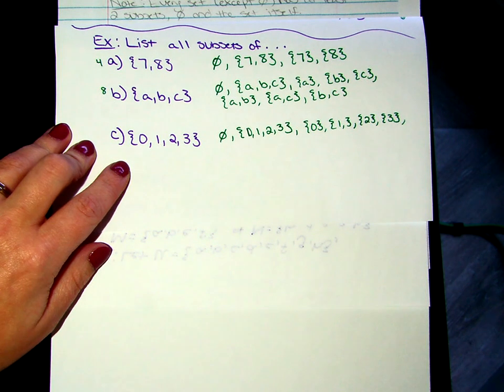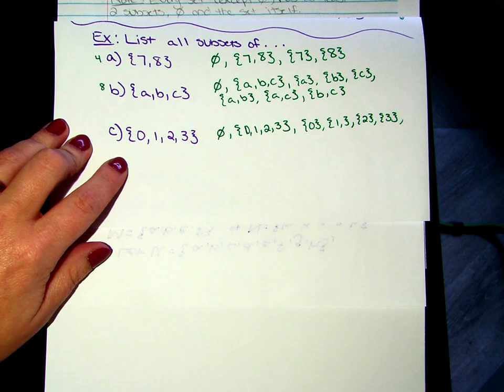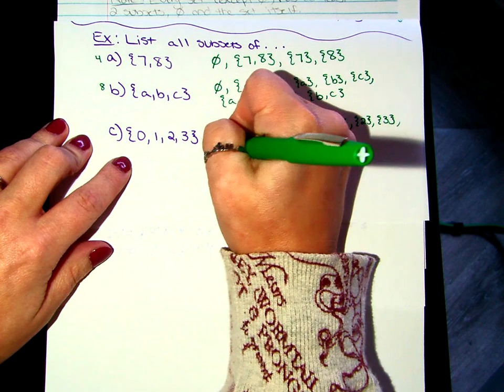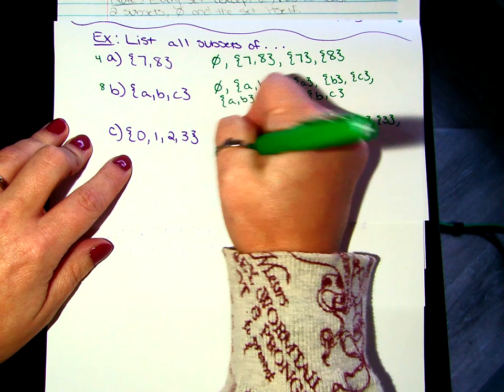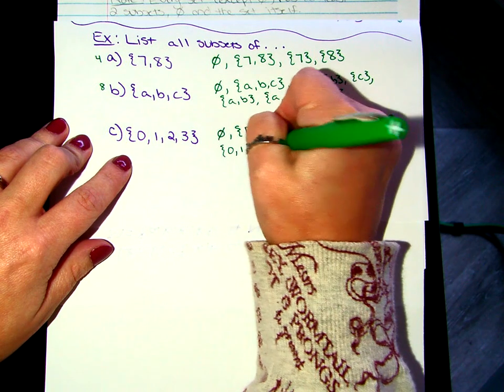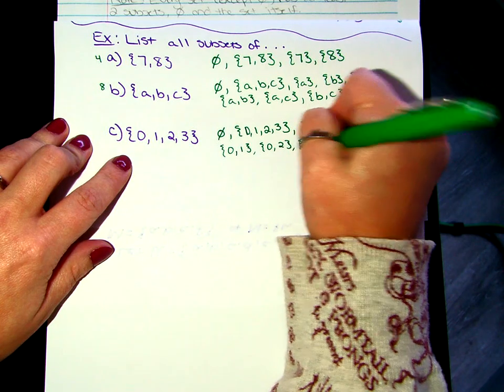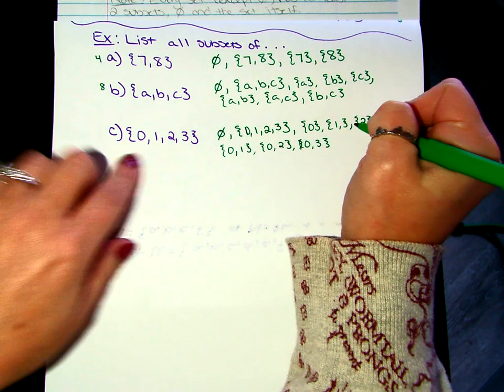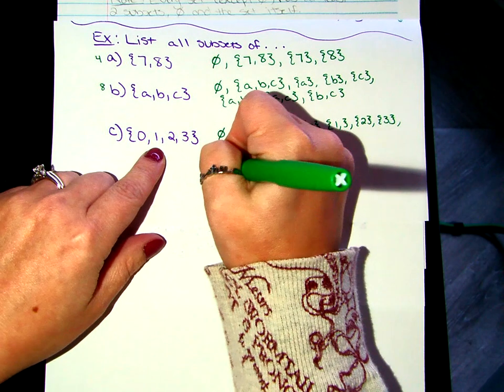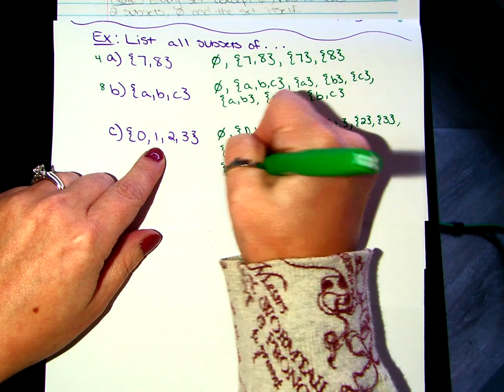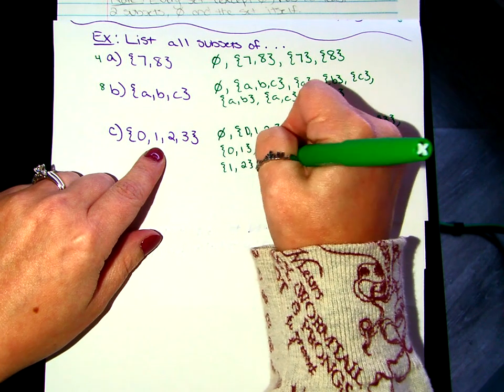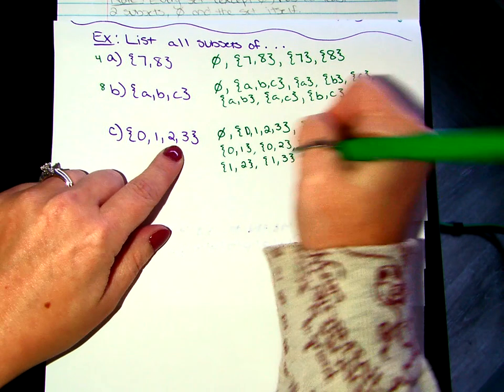Then we could have sets that only have 2 elements: 0 and 1, 0 and 2, 0 and 3, 1 and 2, 1 and 3, 2 and 3.